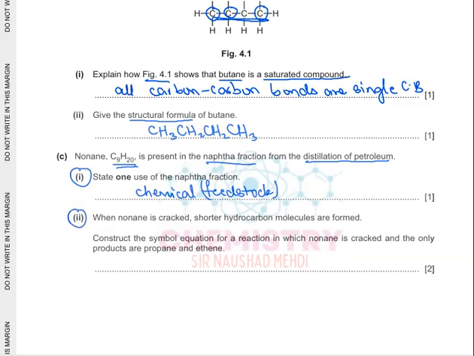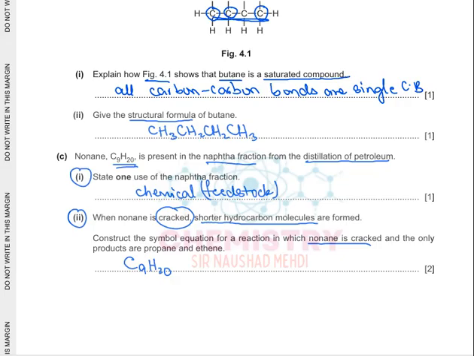Nonane is cracked and shorter hydrocarbon molecules are formed. Now this question is related to cracking, in which long chain hydrocarbons are cracked to form smaller chain hydrocarbons. So construct a simple equation in which nonane is cracked. Nonane is C9H20, it is given to you, and you have to do the cracking.